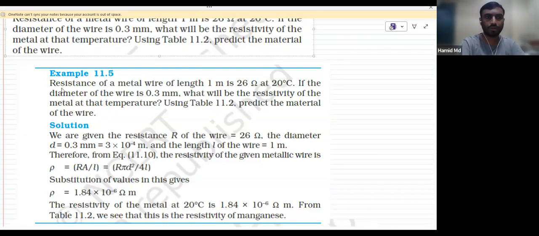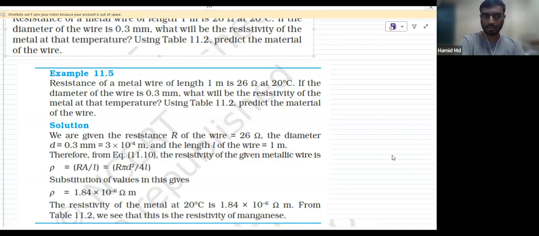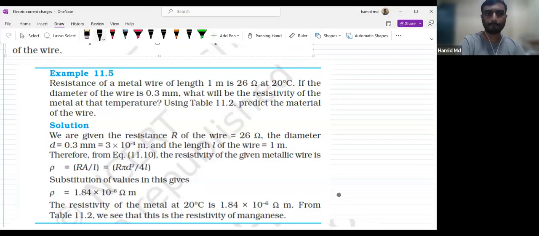So what is the question saying? The question is saying that the resistance of a wire of length 1 meter is 26 ohm at 20 degrees Celsius. If the diameter of the wire is 0.3 mm, what will be the resistivity of the metal at that temperature? So anyone can try. Let me have a pen and hide the solution as well.